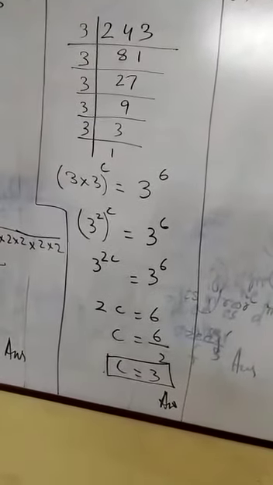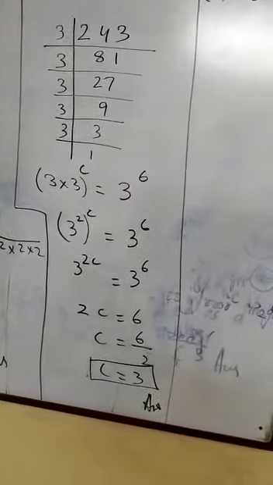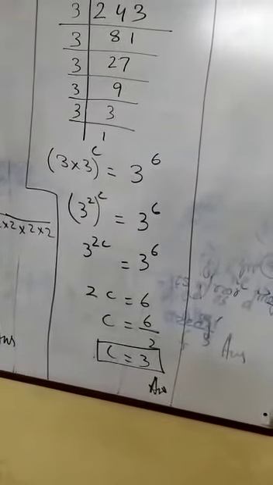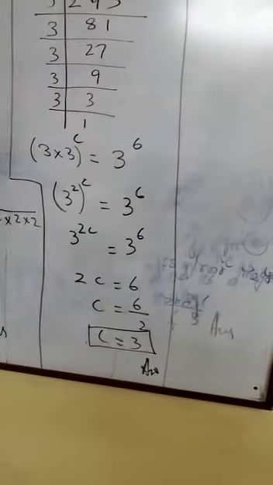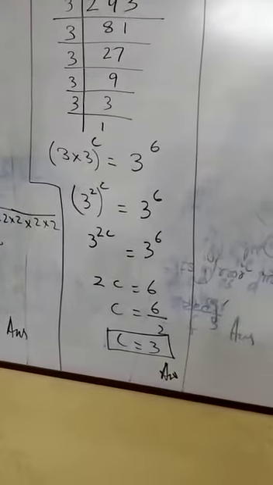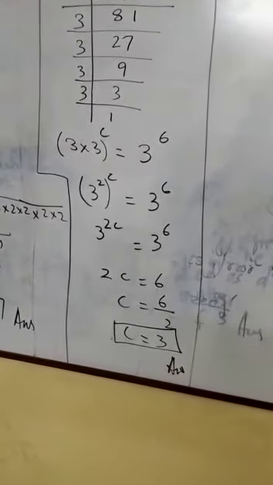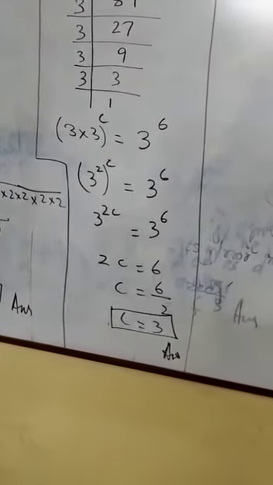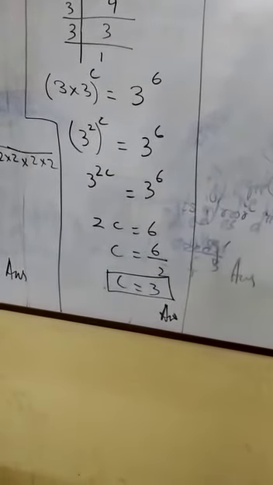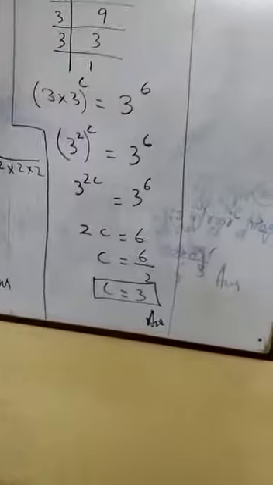Now 2c is 6. 2c equals 6 because bases are same, powers are equal. So when bases are same, we will make the powers equal, and this equation will give you the value of c, that will be 6 upon 2, it is 3. Okay. Now move to this question.